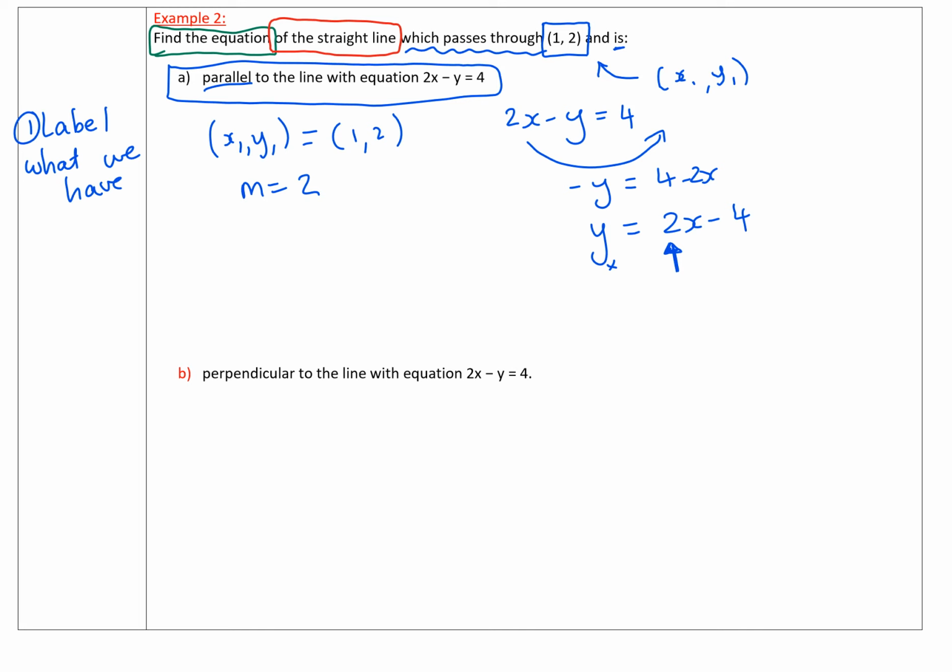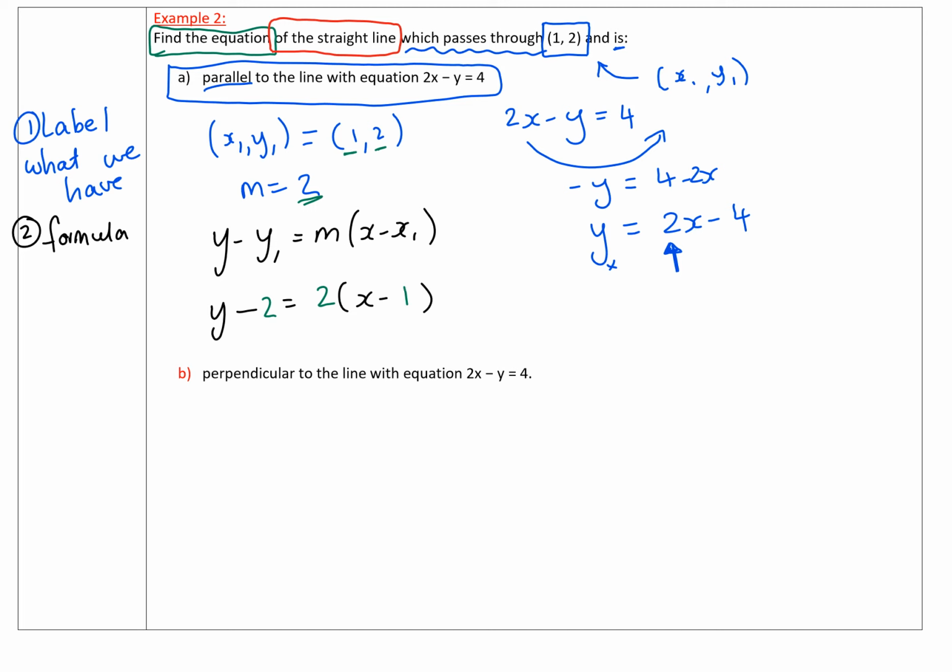With these two bits of information, we know we can plug them into a formula for finding the equation of a straight line. That is, y minus y1 equals m outside of x minus x1. We can sub in the values that we have, so that's going to be a 2 instead of y1. It's going to be a 2 for the gradient, and it's going to be a 1 for x1.